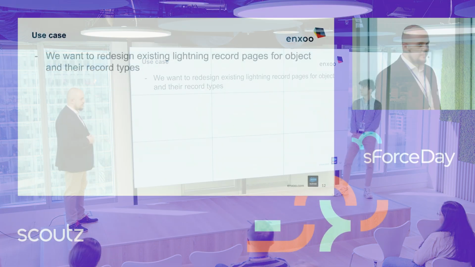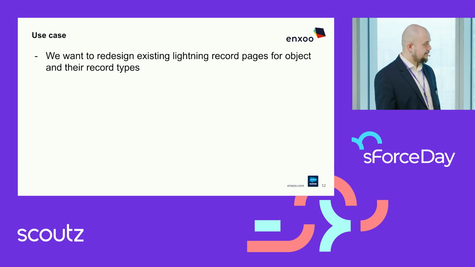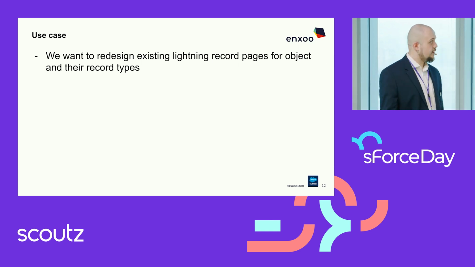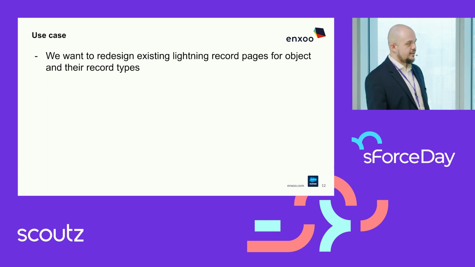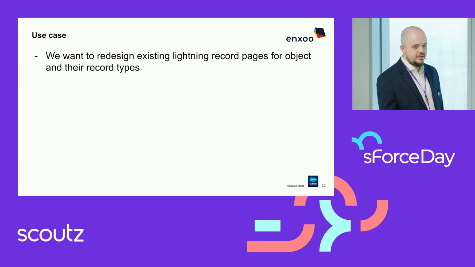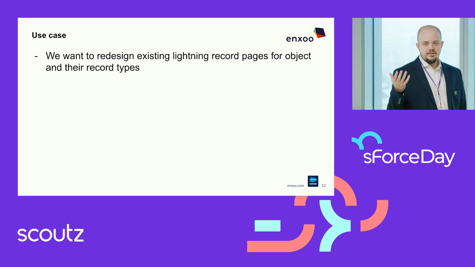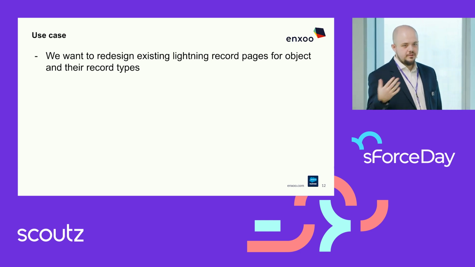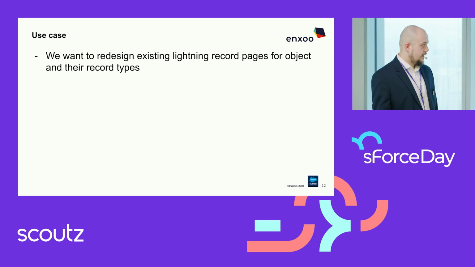And after the meeting with the client, we defined some points on what we should do on the layout. So we want to redesign existing Lightning record pages for objects and their record types. Sometimes we have the same layouts for different record types, sometimes different layouts for different record types.